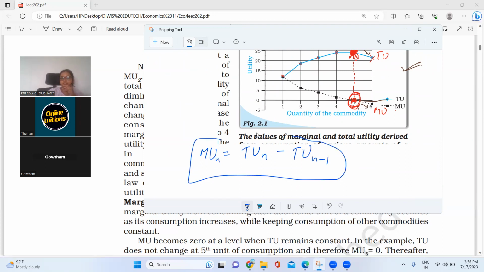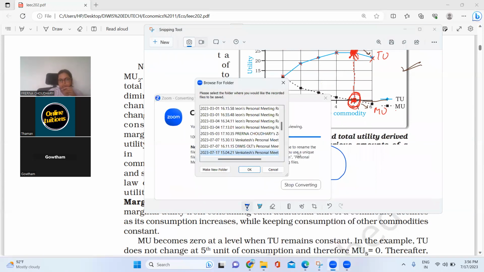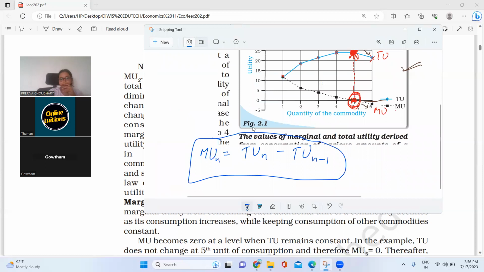This is the formula, and this is the diagrammatic explanation. Got it? There are three stages.